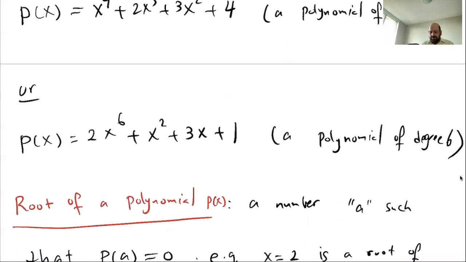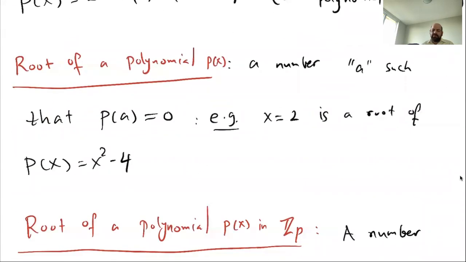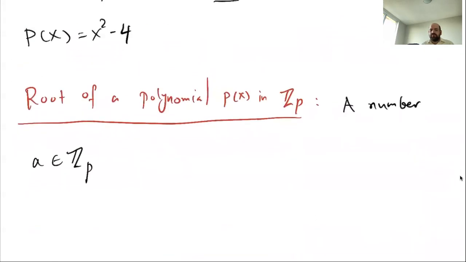Now this time, a root of a polynomial in the standard context means any real number a such that P of a equals 0. But a root of a polynomial P of X in Zp means a number a that has to be chosen from Zp, because when we say a polynomial in Zp, our universe is just Zp. We are not allowed to choose any number outside Zp.